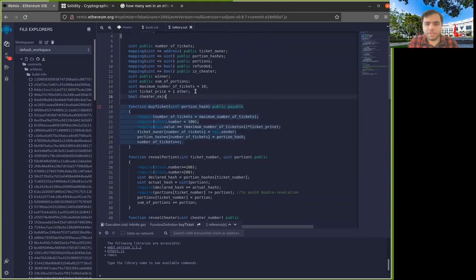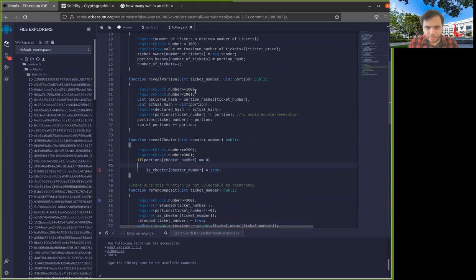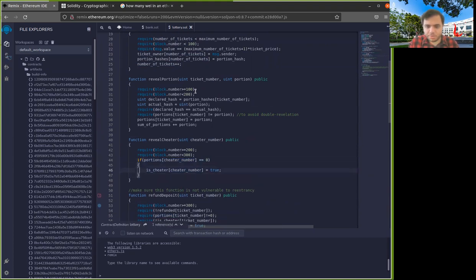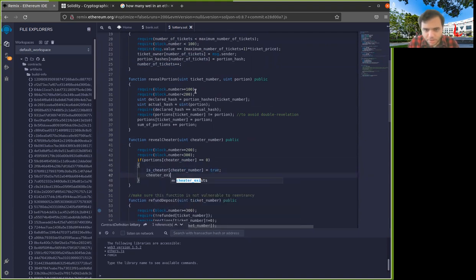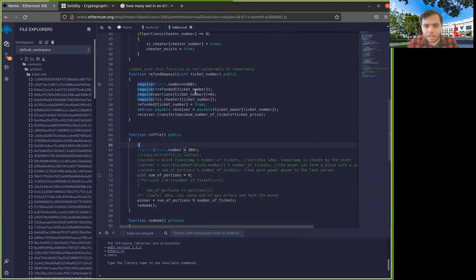I call it cheaterExists. And here, after I found this cheater, I will set that Boolean also to true. So cheaterExists is true. And so in the raffle, I would require that there is no cheater. So require not cheaterExists.